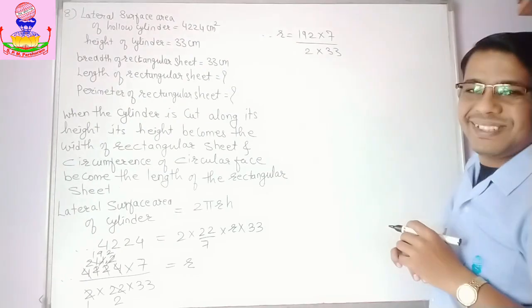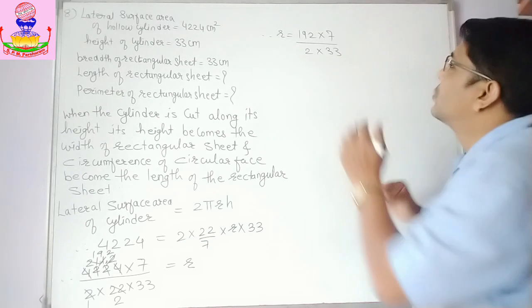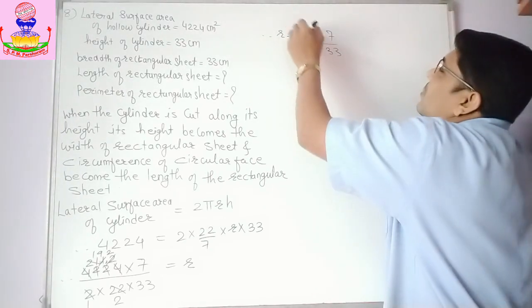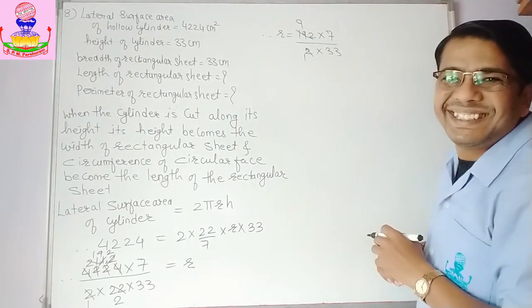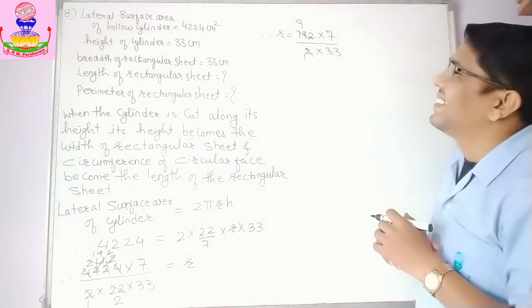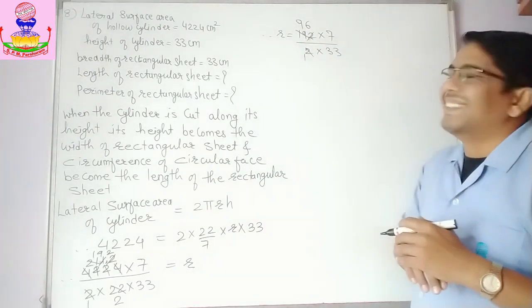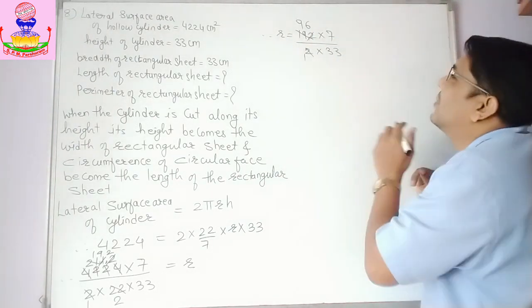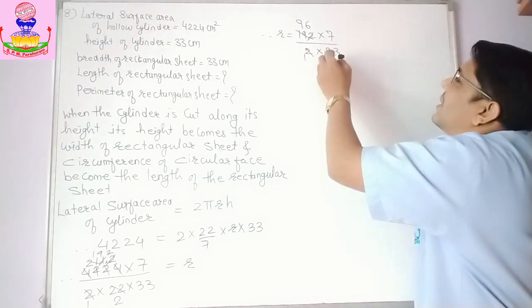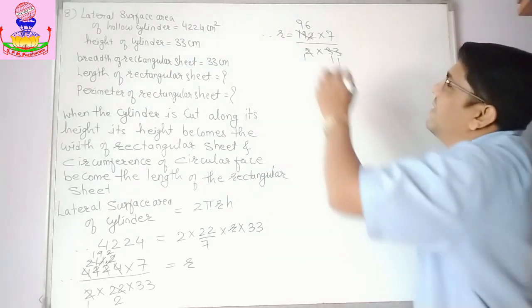Okay. Now, again, 2 ones are 2, 2 nines are 18. Okay. Remainder 1. 2 6 are 12. Okay. Now, 3 ones are 3, 3 ones are 3.